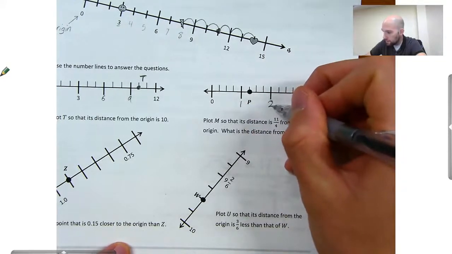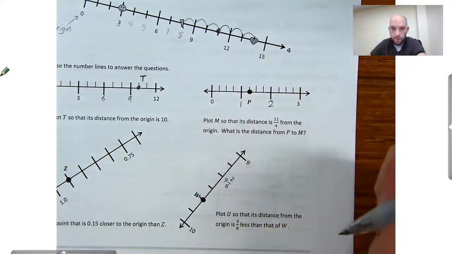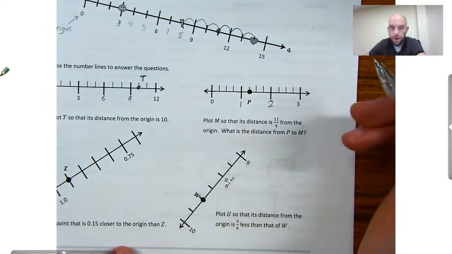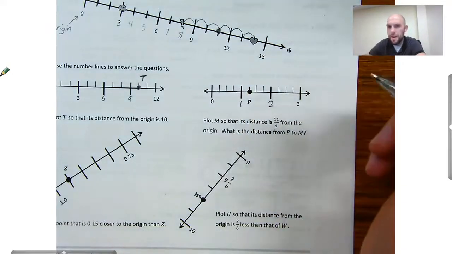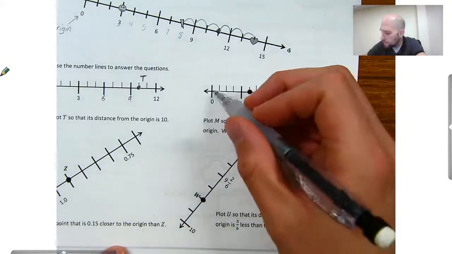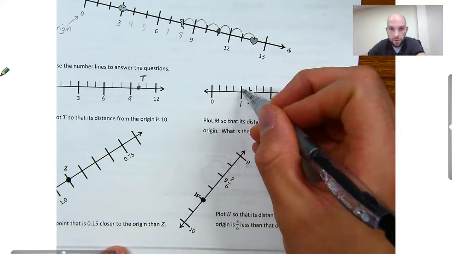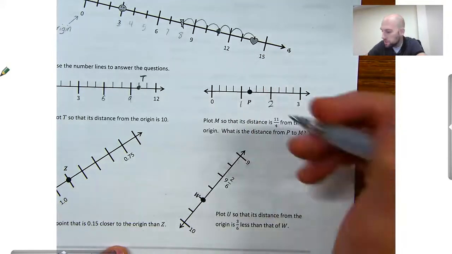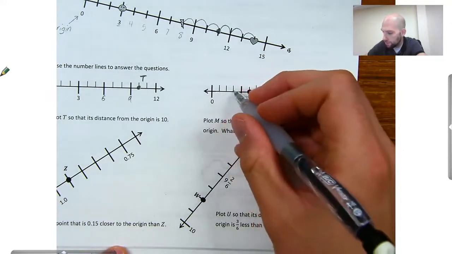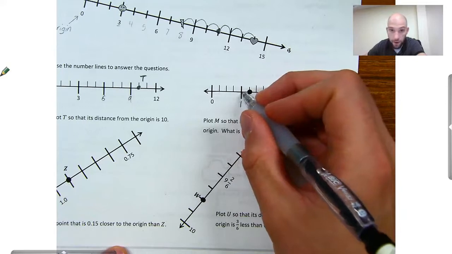So the ones in between are going to be fractions, but we need to figure out what type of fraction they're going to be. What's our denominator going to be? Well, we have 1, 2, 3, 4 jumps from 0 to 1, so those are going to be fourths. We have 1/4, 2/4, 3/4, and 4/4 at 1.